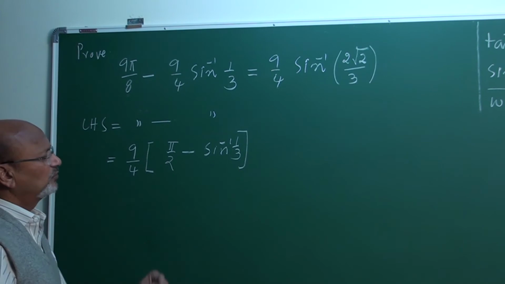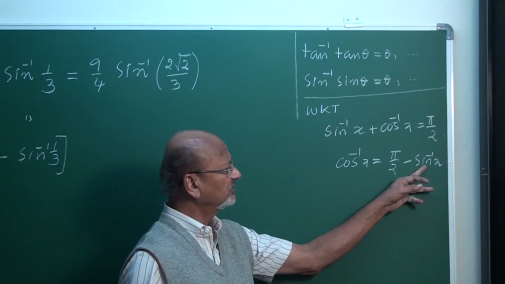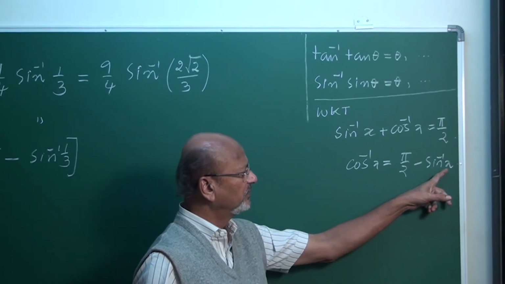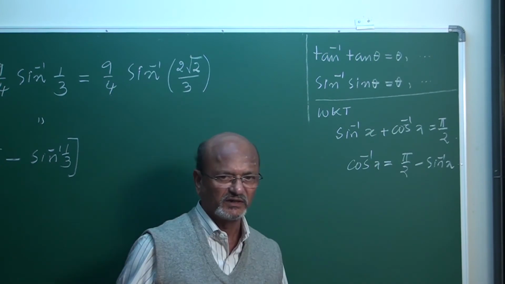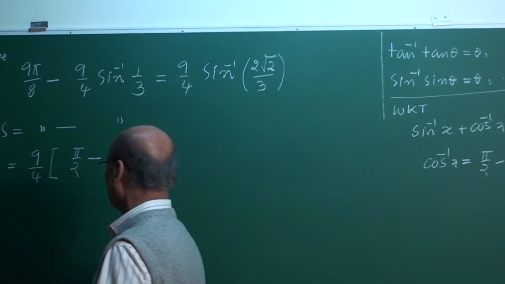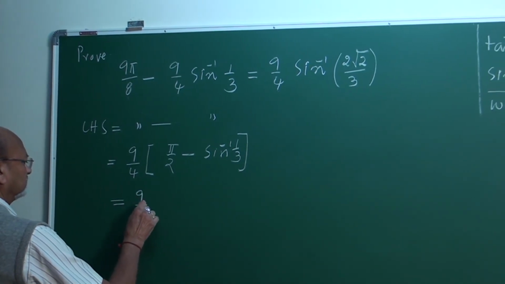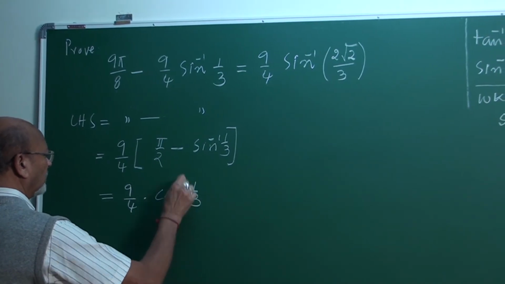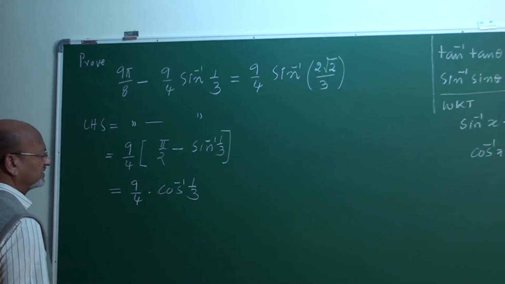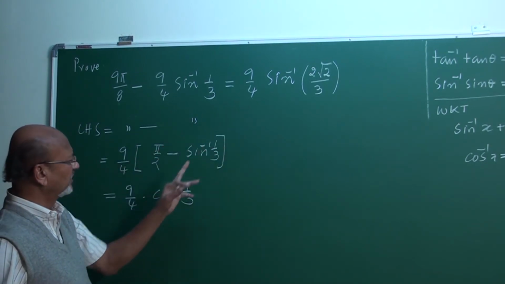But what is pi by 2 minus sin inverse? Pi by 2 minus sin inverse is cos inverse of the same. If it is x, you write x. If it is 1 by 3, you write 1 by 3. Yes, friend, it is 9 by 4 into cos inverse 1 by 3. Finished. 9 by 4 is there in LHS.